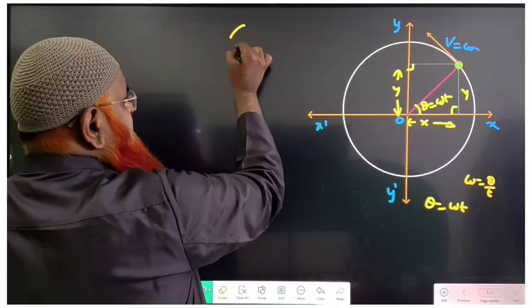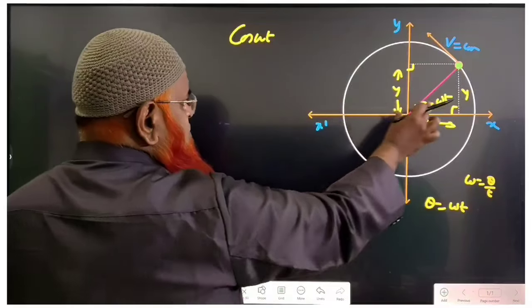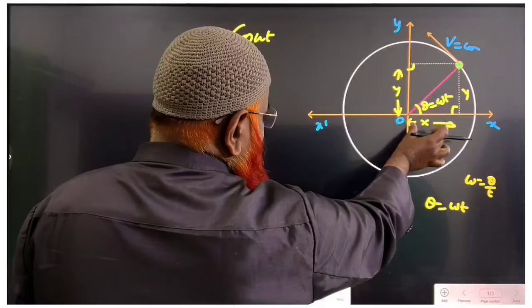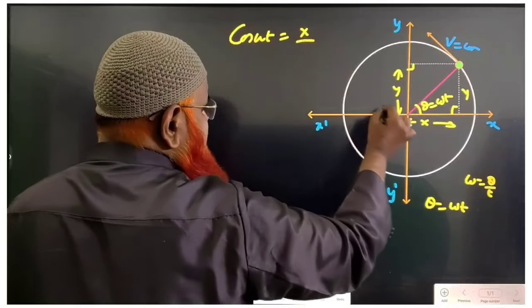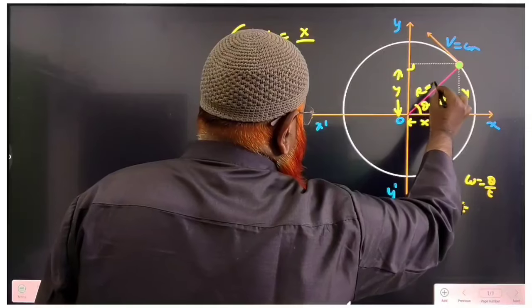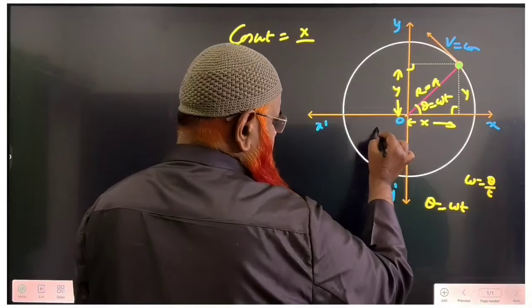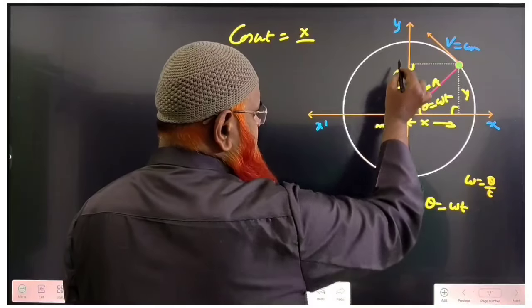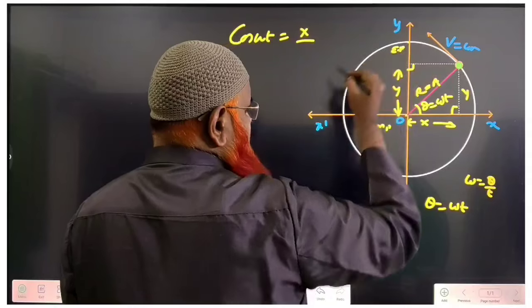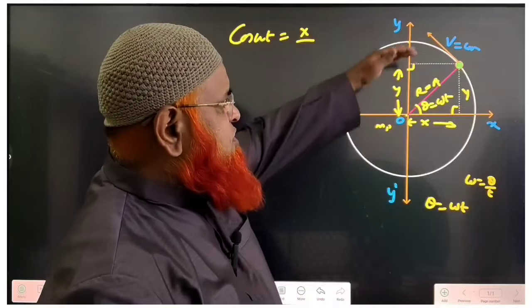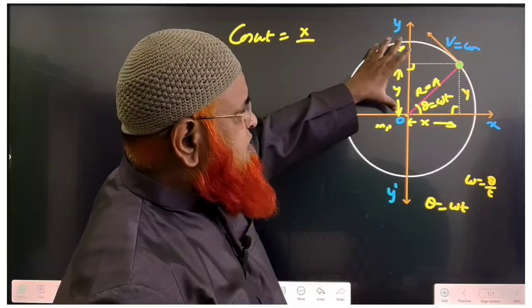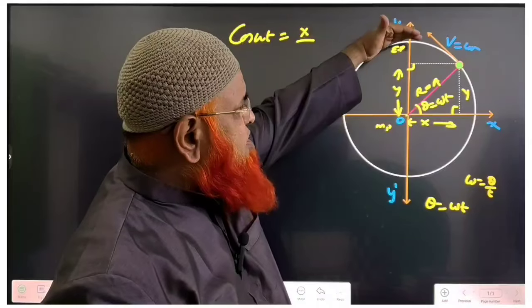Now let me write here cos omega t, which is taken as this angle, and the adjacent side is x, and this is going to be the radius and also called the amplitude. Why is it amplitude here? This is going to be a mean position and this is going to be an extreme position. So from mean position to extreme position, if displacement slowly increases, it is going to become an amplitude.